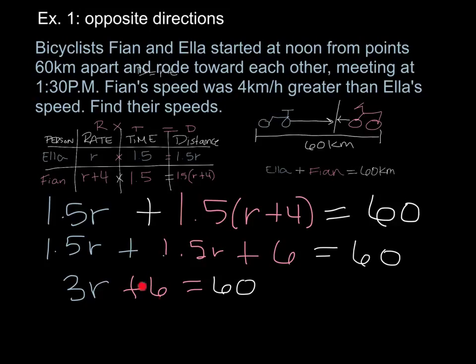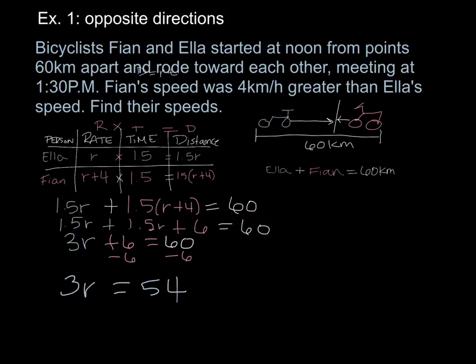Now I want to get constants on the right side and leave the variables on the left. This looks like an equation that we're getting pretty good at solving now. Subtracting 6 from both sides, 60 minus 6 is 54. Then dividing both sides by 3, I get that R is equal to 18.